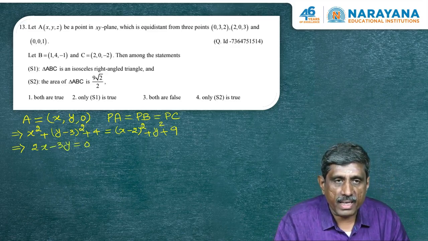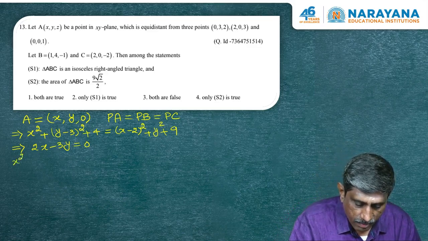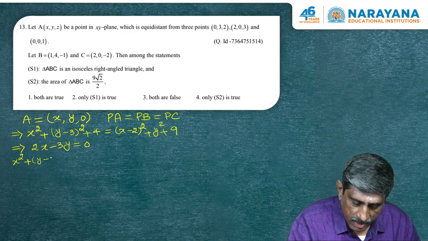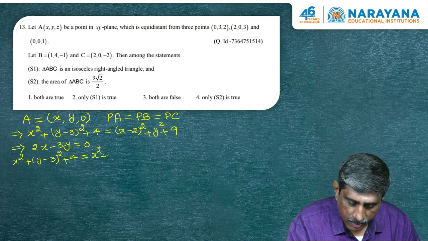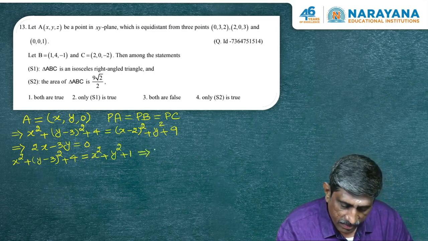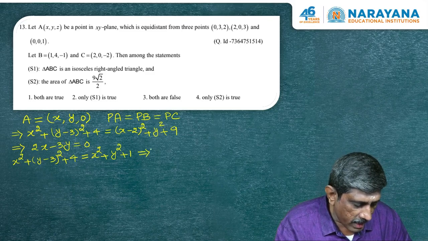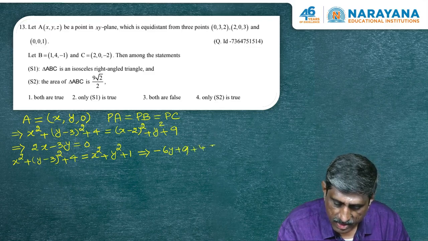Similarly, when we take PA is equal to PC, which is x square plus y minus 3 the whole square plus 4 is equal to PC square, when you take x square plus y square plus 1, and when we simplify, we are getting another equation which is minus 6y plus 9 plus 4 is equal to 1.